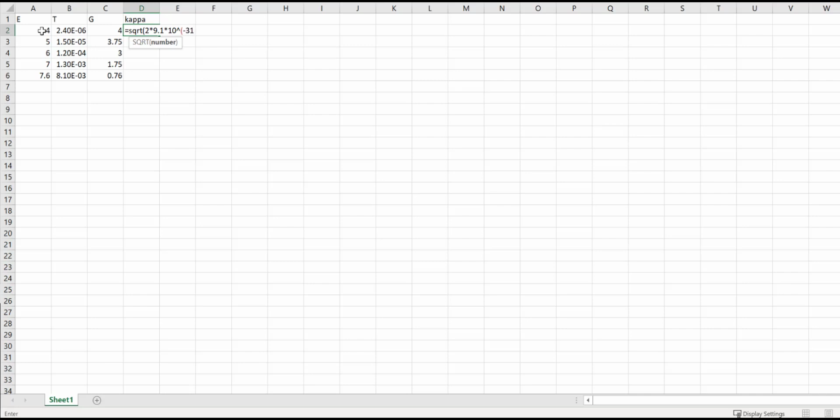Times the gap in the energy. This has to be in joules now. We need it in joules, because H bar is in joules.